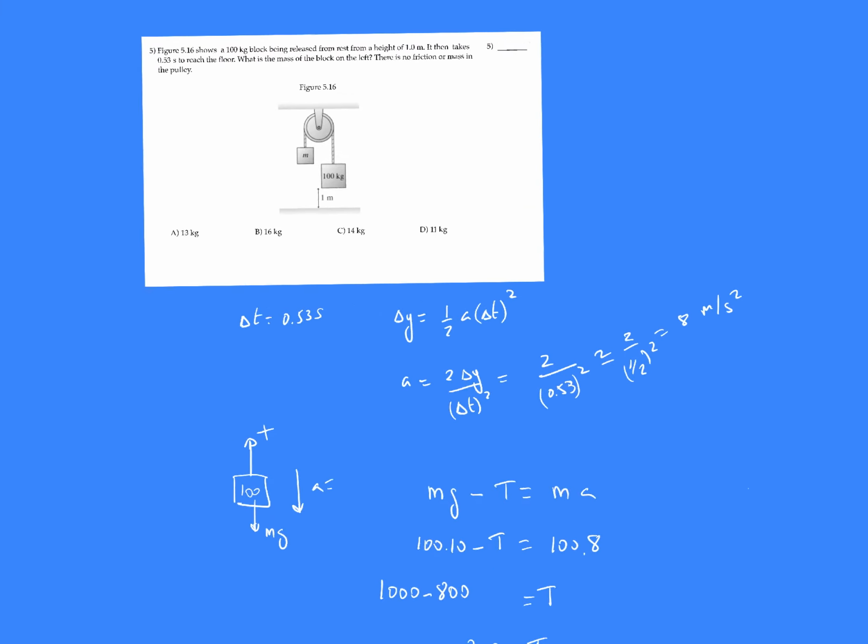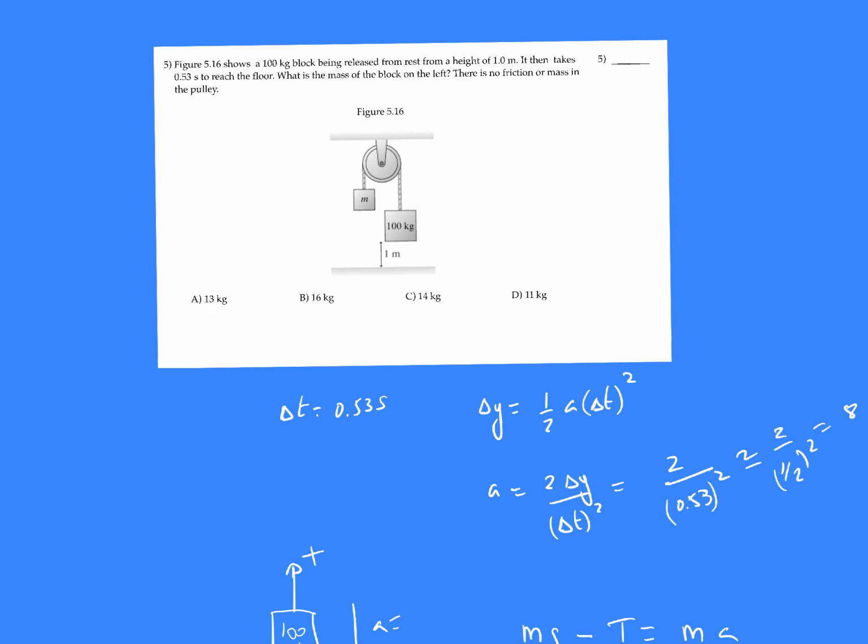The last problem says you have a pulley like this one, and it says these have the mass, let me read it again: a 100 kilogram block is being released from rest at a height of 1 meter. It takes 0.53 seconds to reach the floor. So the time elapsed to perform 1 meter distance is 0.53.